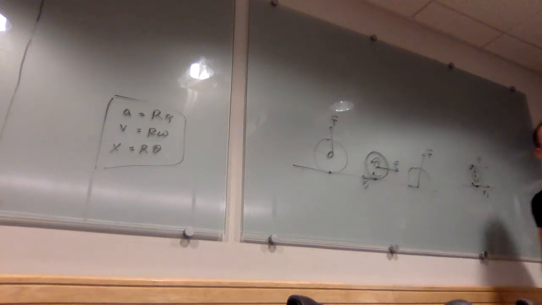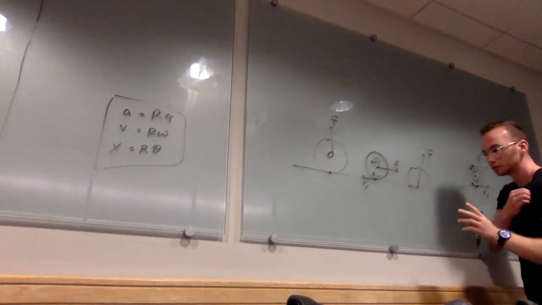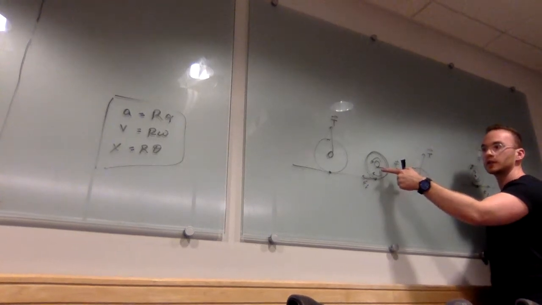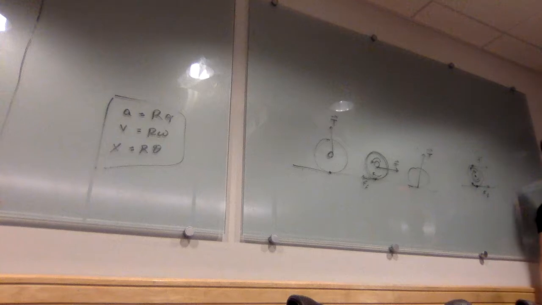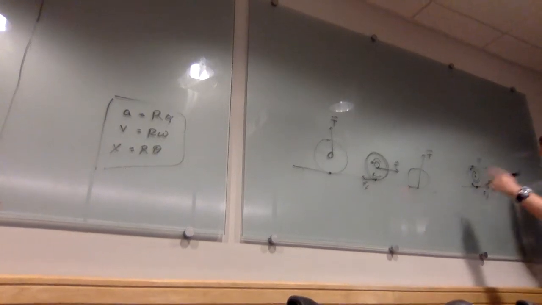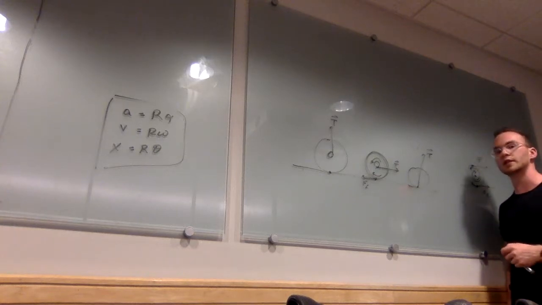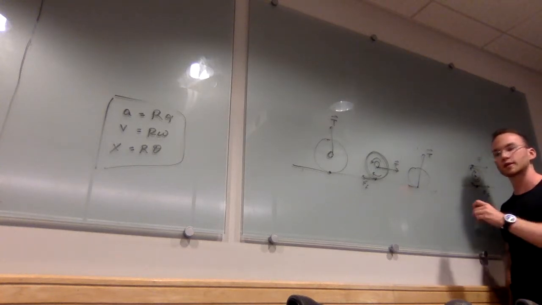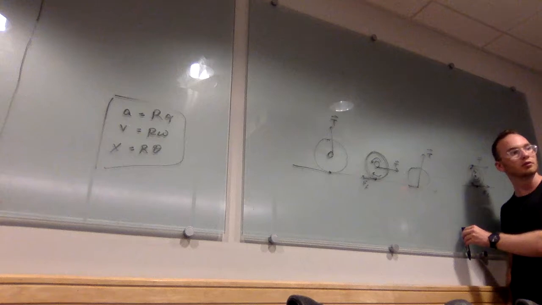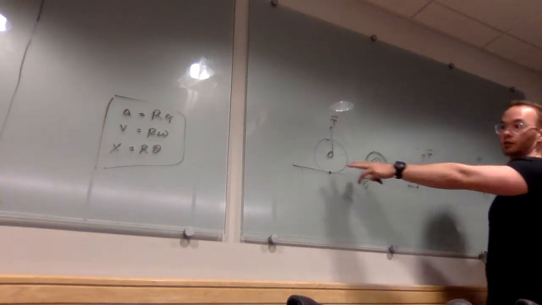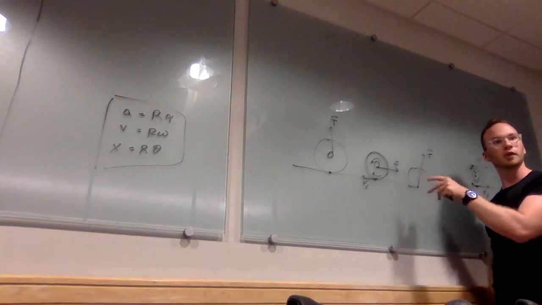Now, the other thing is that what we've been working with, blocks on wheels or whatever, is torques that are exactly perpendicular, and we don't care about the center of mass motion. But generally, this is not a perfect torque.